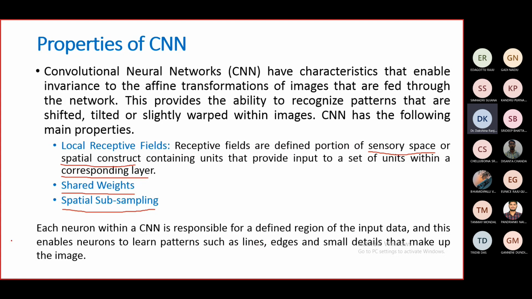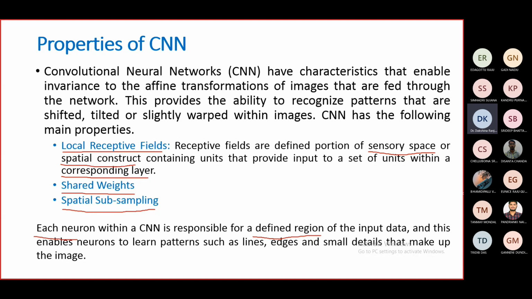So this statement carries this information: each neuron within a CNN is responsible for a defined region. Here the defined region means the region which is defined by the local receptive field. This region may be 1 by 1, 2 by 2, 3 by 3, 4 by 4, even 5 by 5, 7 by 7, 9 by 9.